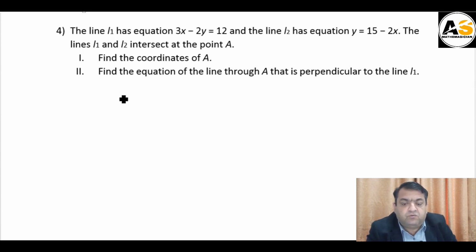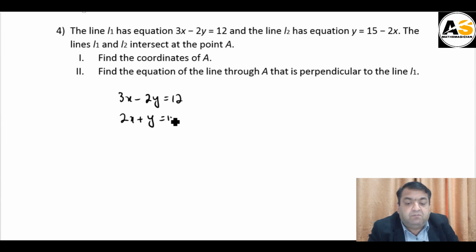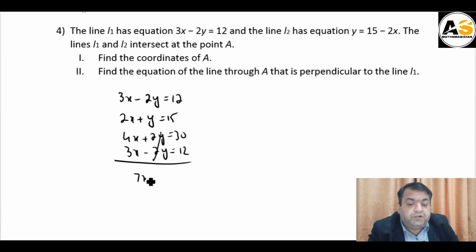First equation is 3x minus 2y is equal to 12. Second equation is 2x plus y is equal to 15. I will multiply this equation by 2: 4x plus 2y is equal to 30, and I will add this equation to the first. By doing so, y will be cancelled out and 7x will be 42.